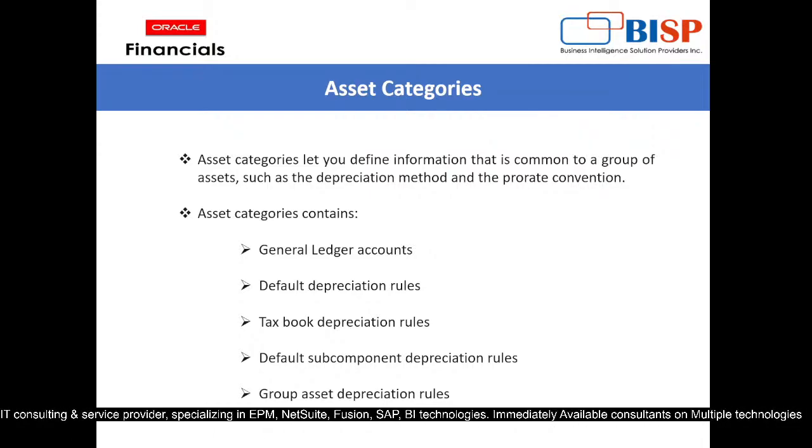So asset categories help you define information that is common to a group of assets, such as the depreciation method and the pro-rate convention.